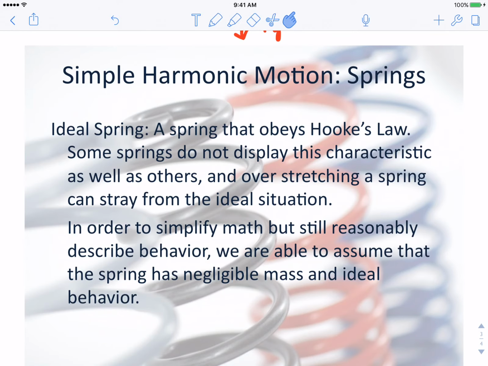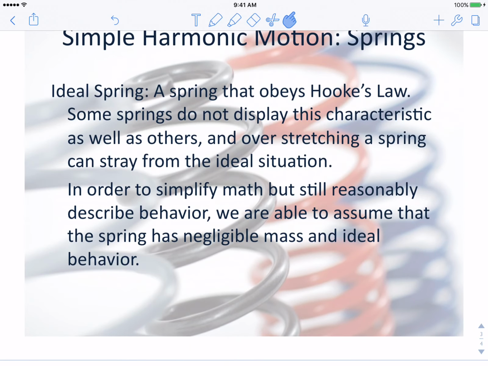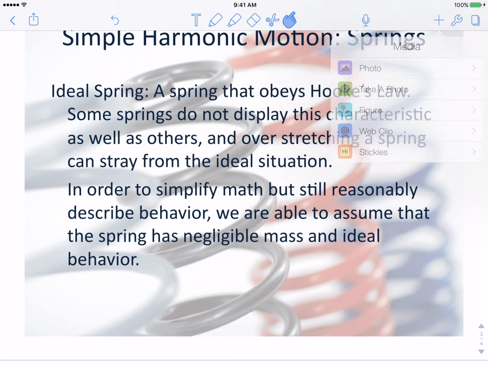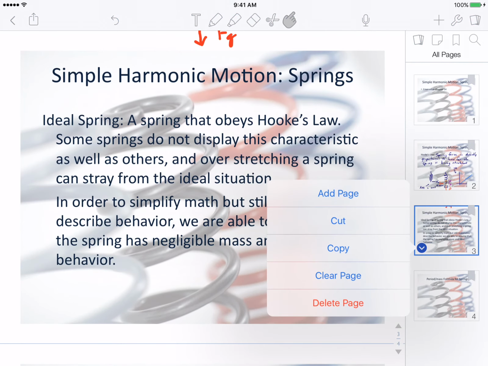All right? So ultimately, what Hooke then found was a mathematical relationship.